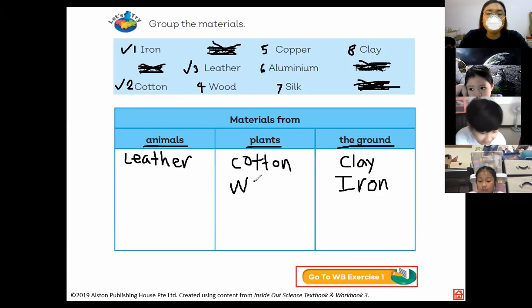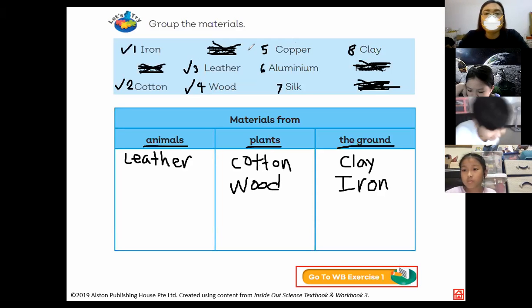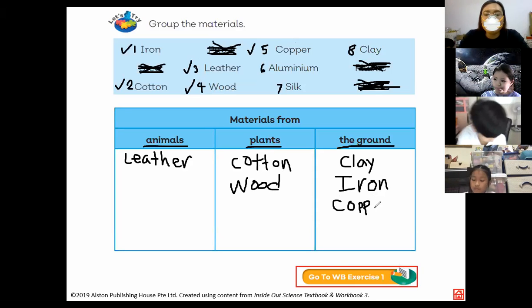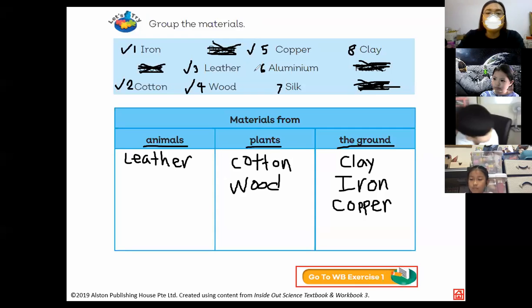Okay, wood, W-O-O-D. All right, what about number 5? Copper. Very good, Hoshi. That's ground. So copper, C-O-P-P-E-R. Okay, and what about number 6? Aluminum. The ground. Okay, so that's aluminum.